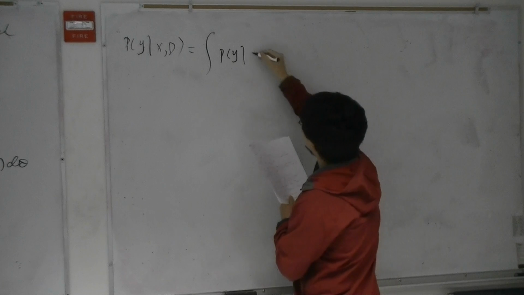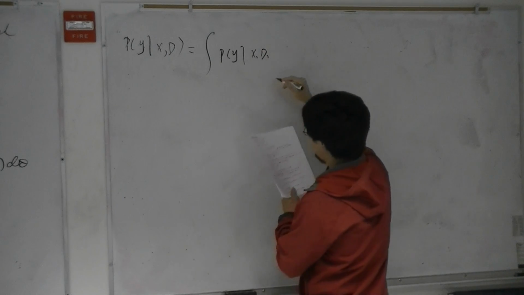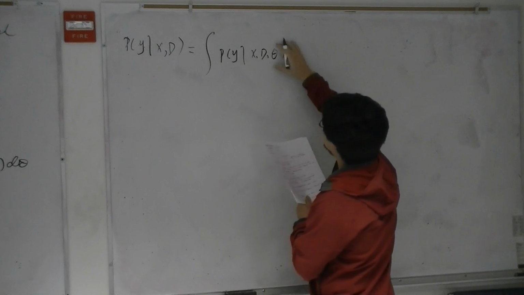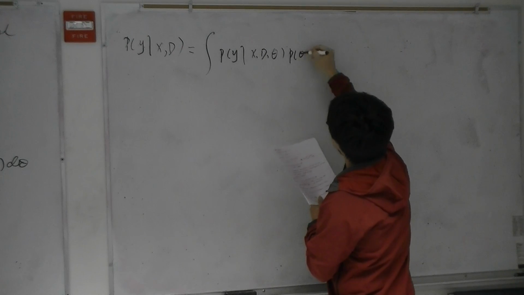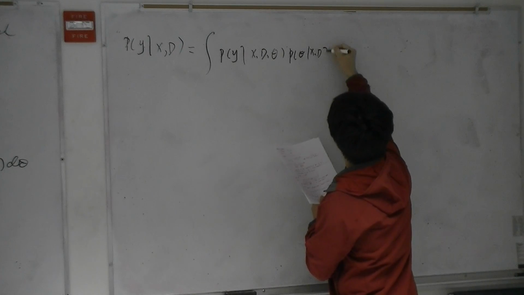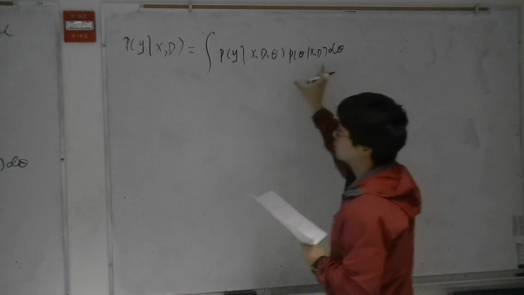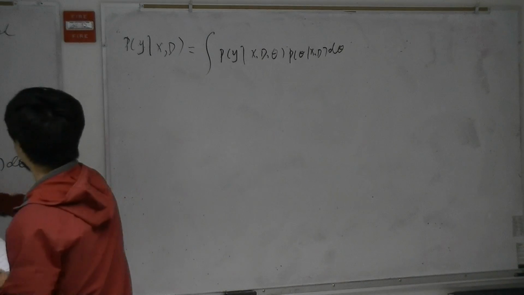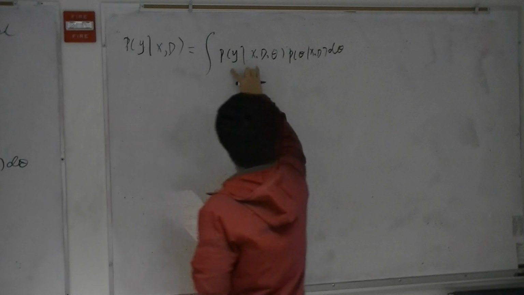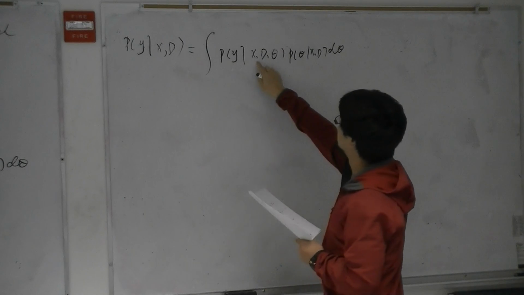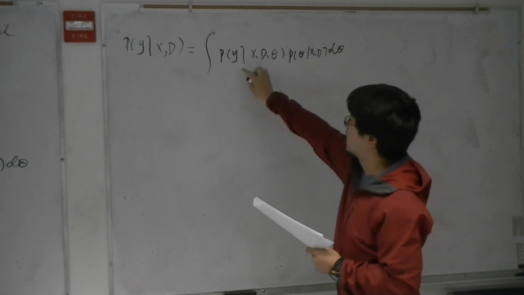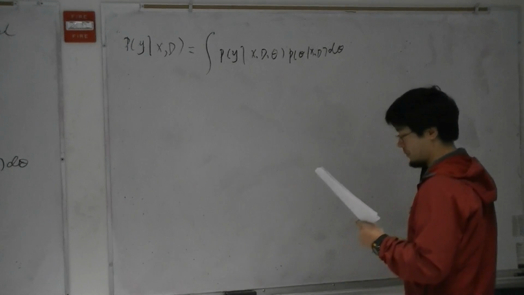This is P(y given x, D), which is the integral of P(y given x, theta) times P(theta given D) d theta. It's almost the same thing as here, but the only difference is now it's a supervised context, so you have an input x you need to plug into this probability.